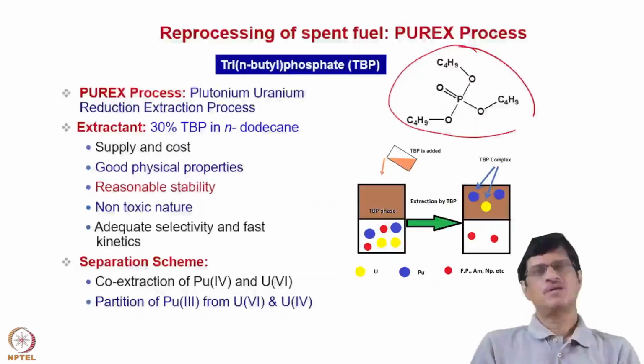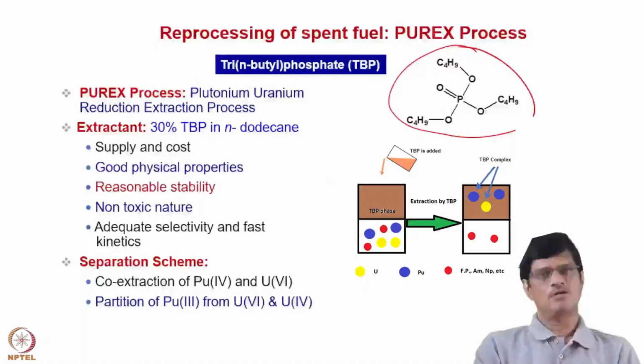And subsequently, after a long time after it is used, this TBP, which we can call a spent solvent, is again given for cementation in the waste management. So that is how this TBP is finally separated from this plant. And also the kinetics of this extraction of uranium and plutonium is relatively fast.